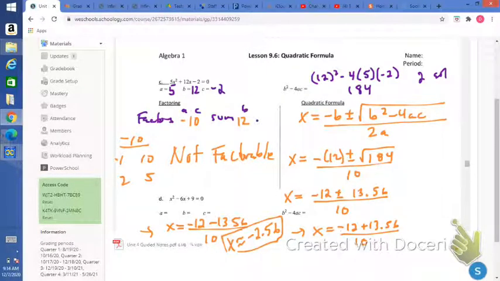And then we're going to do negative 12 plus 13.56 divided by 10. So x is approximately 0.16.